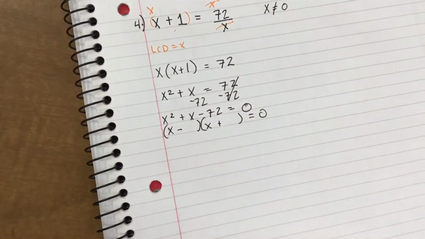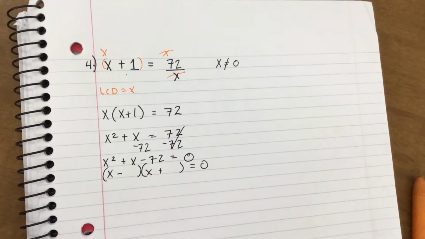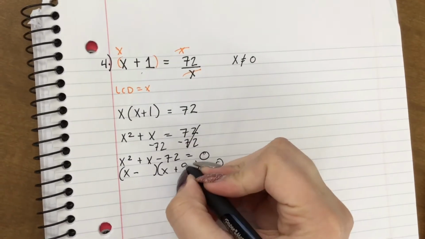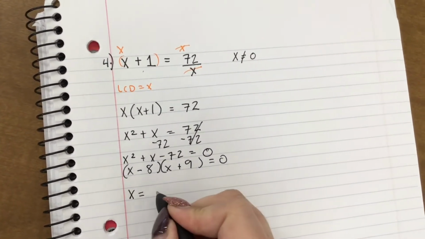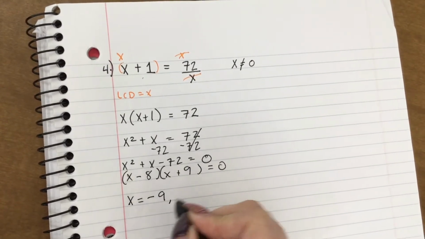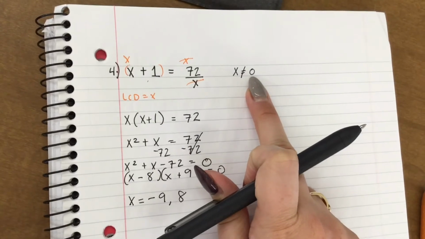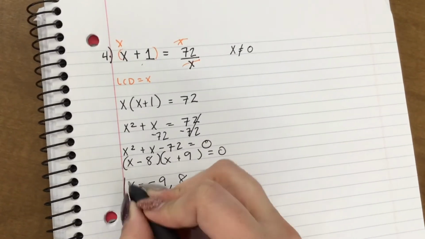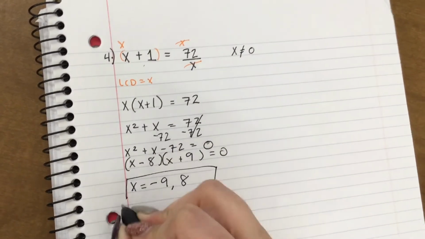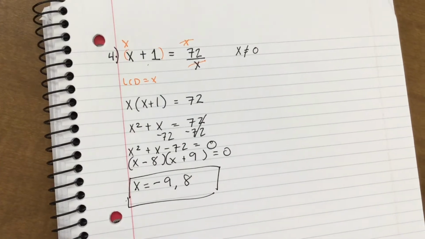Instead, I can find two numbers that multiply together to give me negative 72, but add together to give me 1. So 9 and negative 8 would multiply together to give me negative 72, but add together to give me positive 1. The last step is to check to make sure that your answers are not one of your restrictions. I have negative 9 and 8, and my only restriction was x cannot be 0. So both of these answers are valid.